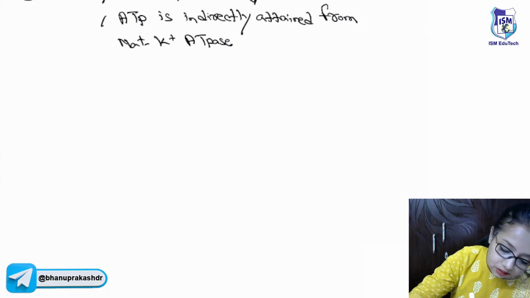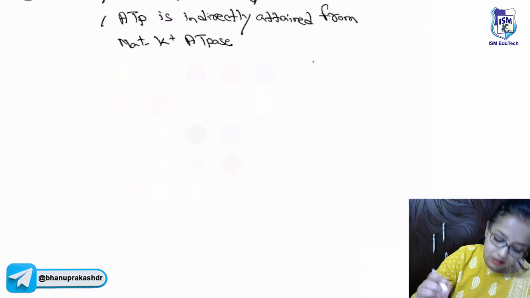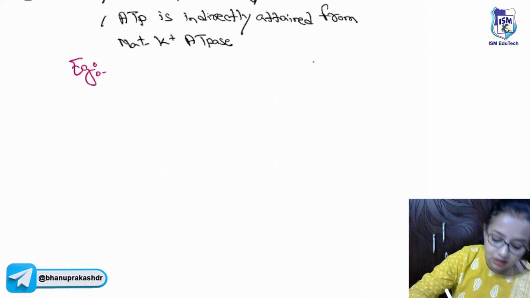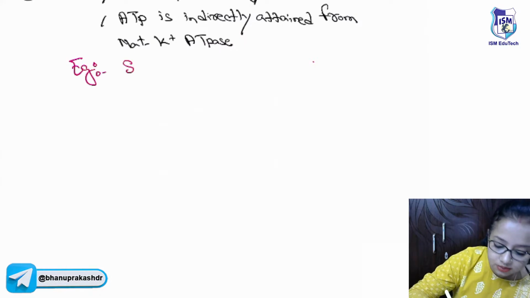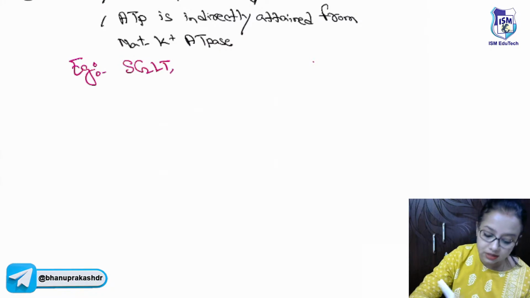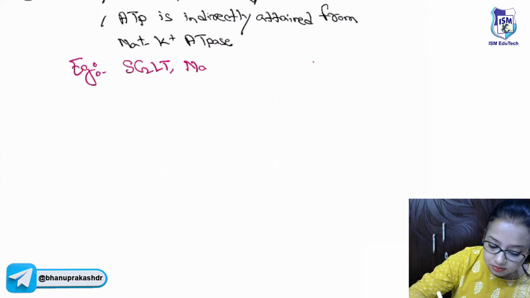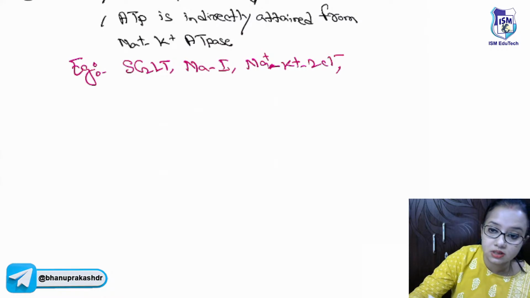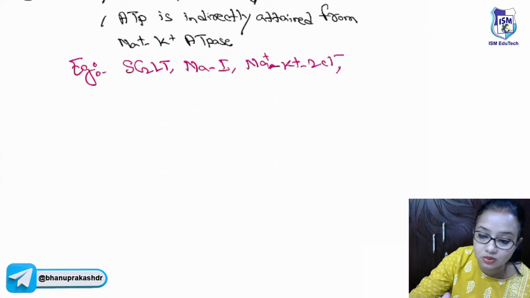Okay, now see, the outstanding examples of this secondary active transport are the sodium glucose co-transporter. Then we have the sodium iodide co-transporter. We have the sodium potassium chloride symporter, where all these things are getting transported together.